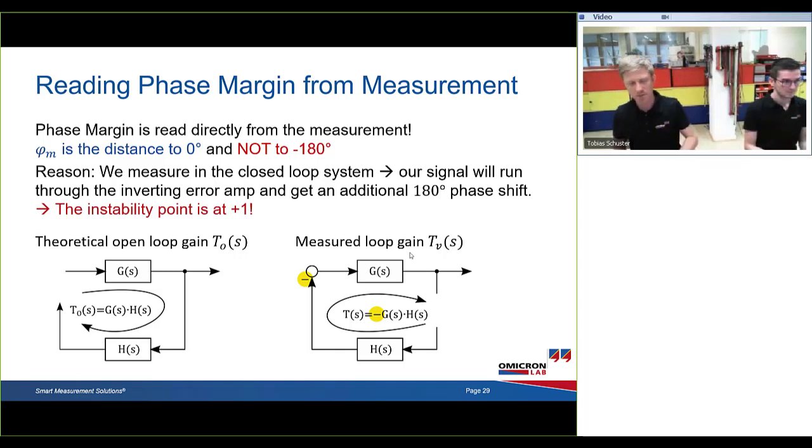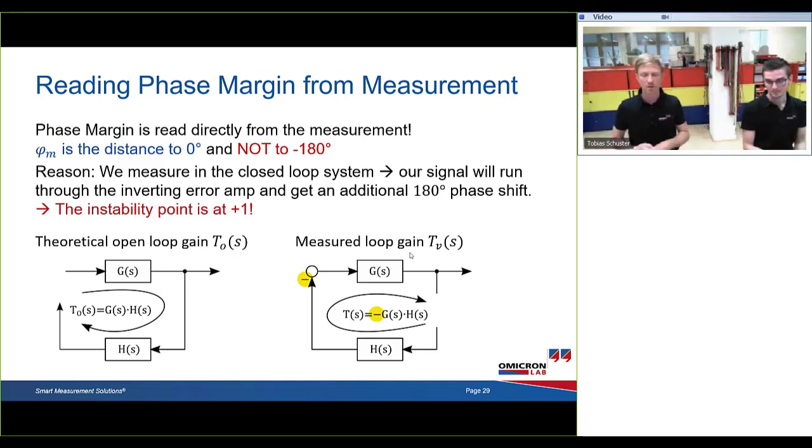The signal runs through the transfer function block H, it runs through the inverting node of the error amplifier, it runs through the G, and we measure minus G times H. And this minus is the additional 180 degree phase shift. It causes the instability point, or the positive feedback point, to actually be at +1 in the measurements. So we can directly read the phase at the crossover frequency, and that's the phase margin. You don't need to subtract a value or something like that.